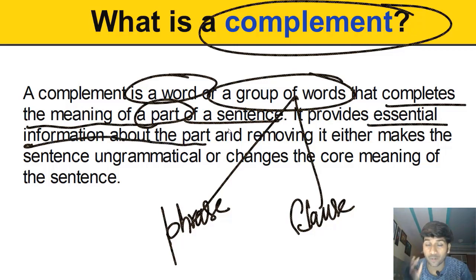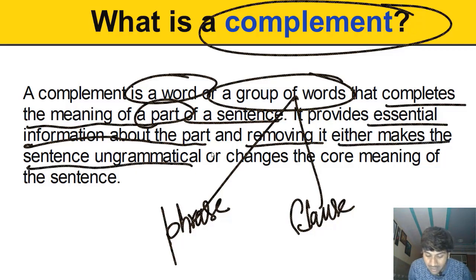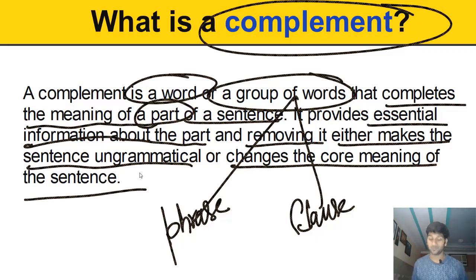And if you take your complement out of the sentence, it will become ungrammatical, or it will stop giving the same meaning. The core meaning of the sentence will change, right? So removing the complement either makes the sentence ungrammatical or changes the core meaning of the sentence. This is very important to note.